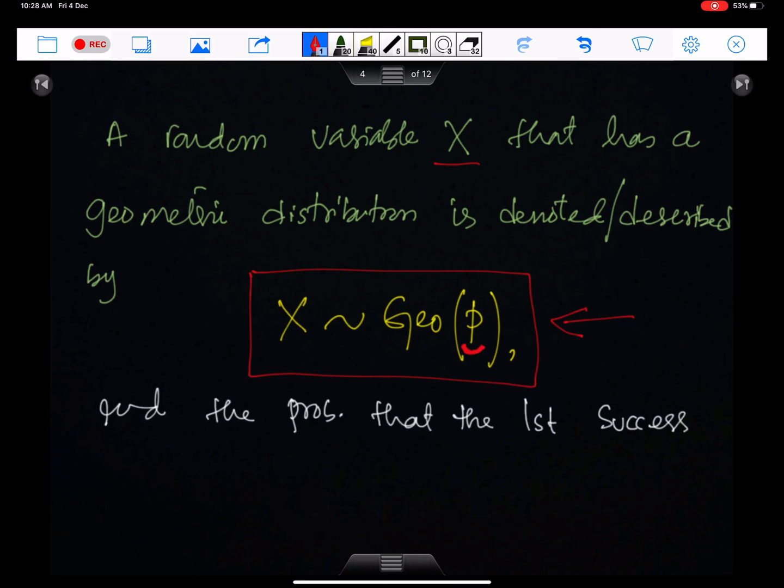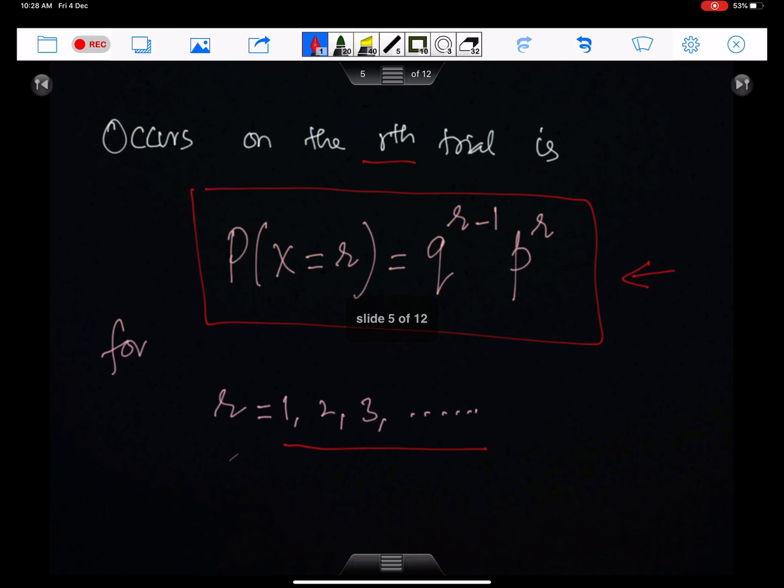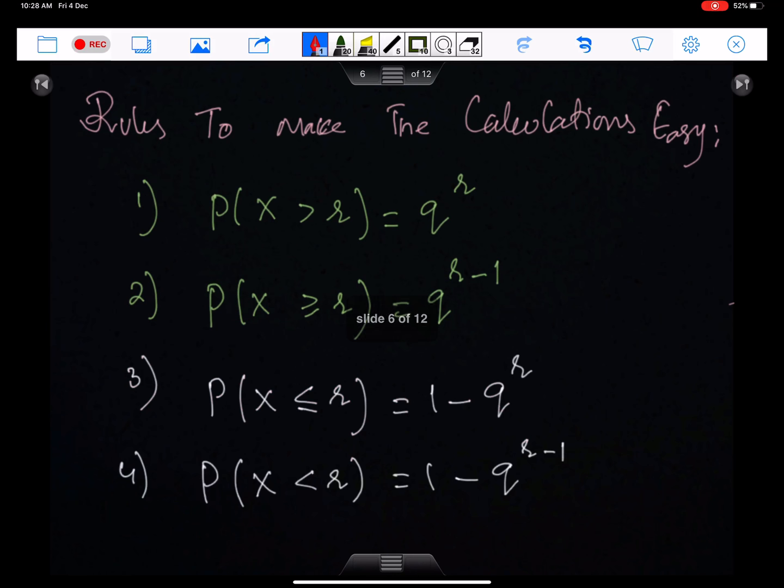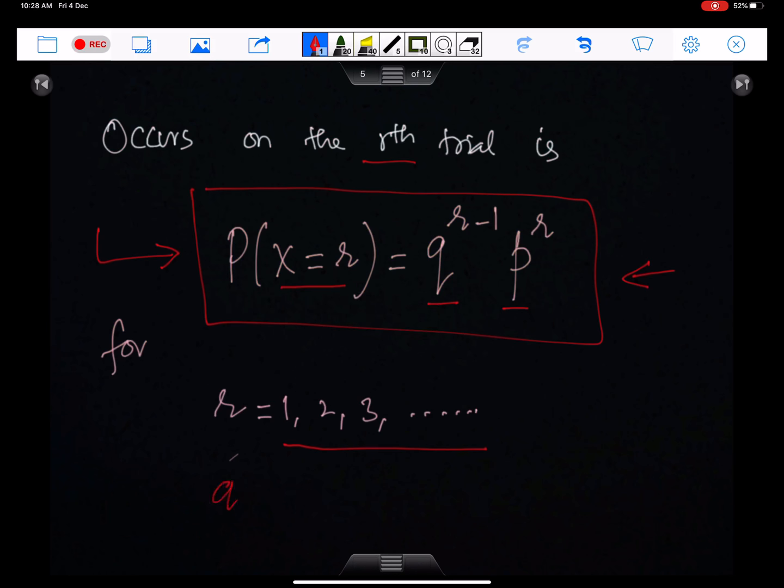And the probability that the first success is on the rth trial is given by this formula: P(X = r) = q to the power r minus 1 times p, where p means probability of success and q is its complement, q is 1 minus p, and the values of r start from 1.